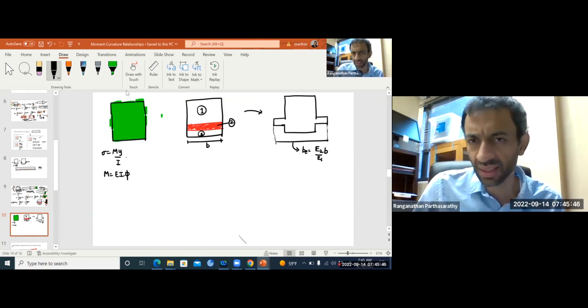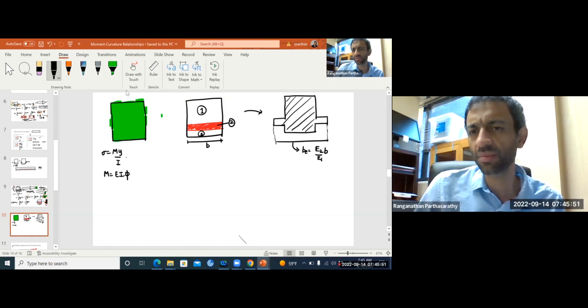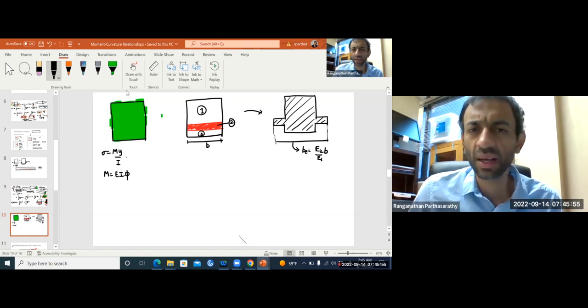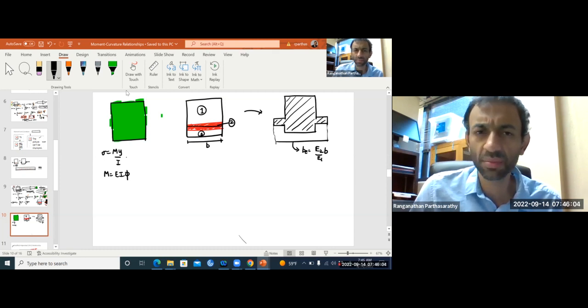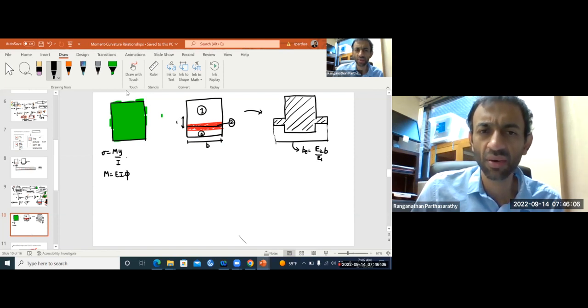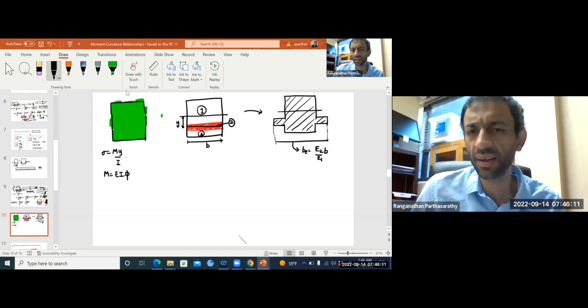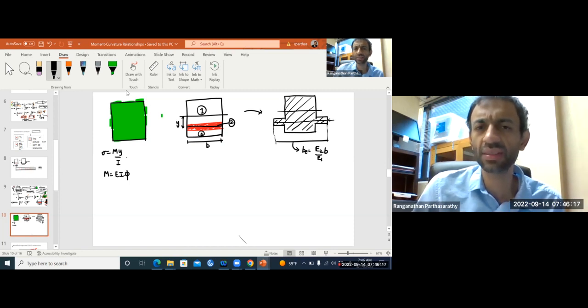So now in this beam, what's the point behind doing this? Because you made everything uniform material, but at every level, let's say at this level, at a distance y from the neutral axis, you made sure that the force at this level is still the same.